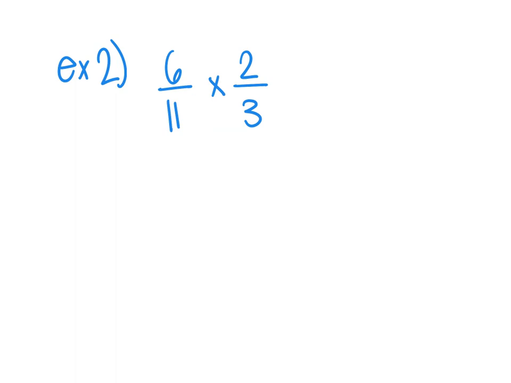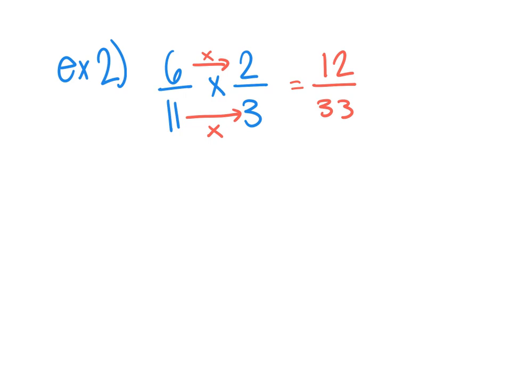In example 2, we have 6 over 11 times 2 over 3. So again, the first thing I'll do is multiply my numerators. 6 times 2 gives me 12 as my numerator. And then 11 times 3 is 33. So I've multiplied all the way across, and this should be my final answer, but I do see that this fraction is not in its simplest form.